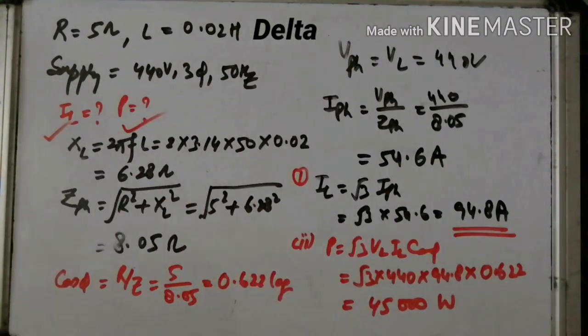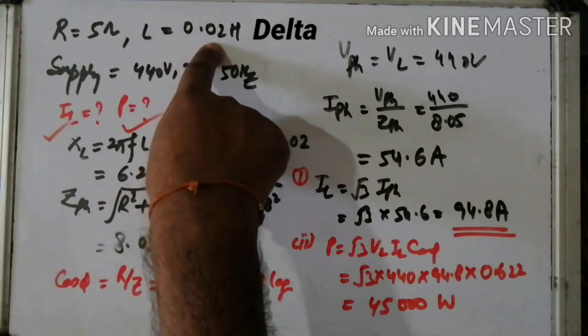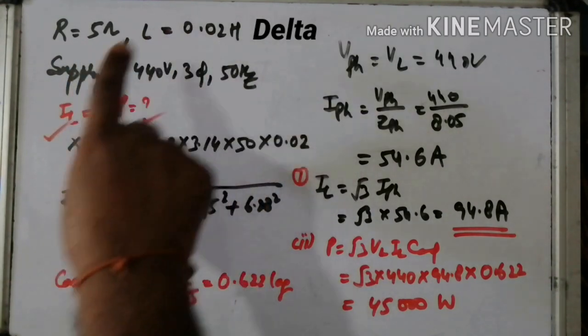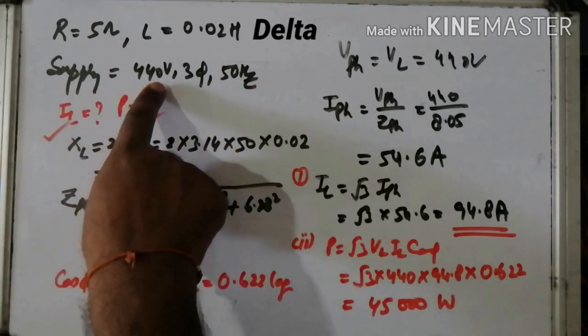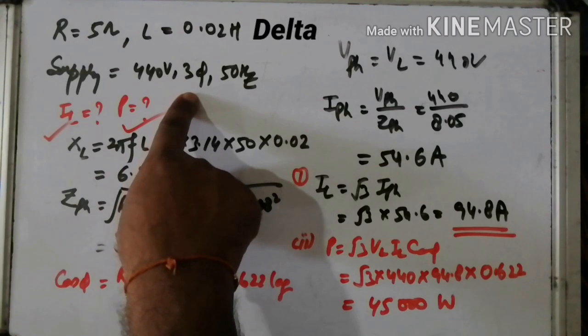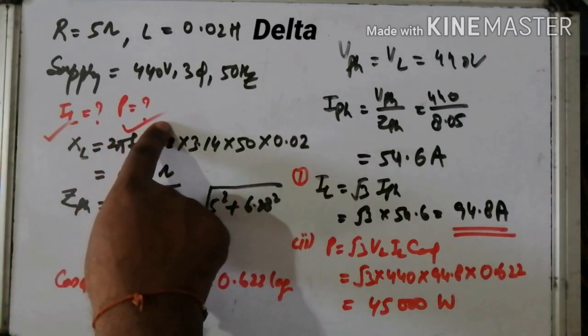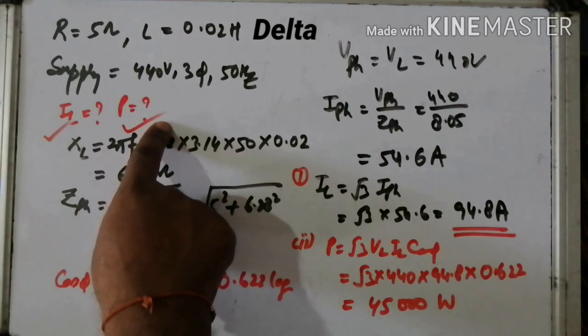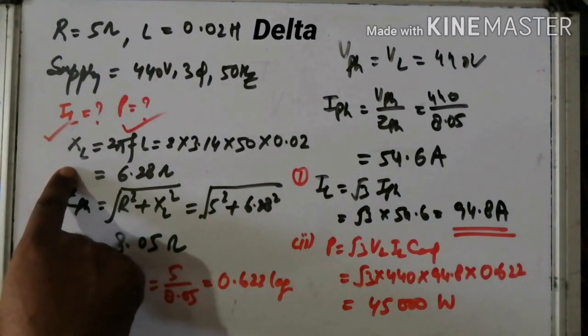Now I'm repeating the question. Three similar coils, each having a resistance of 5 ohm and inductance 0.02 Henry, are connected in delta to a supply 440 volt, 3 phase and 50 Hz. Calculate line current and power absorbed. First of all, I'm going to convert L to XL, that is inductive reactance.